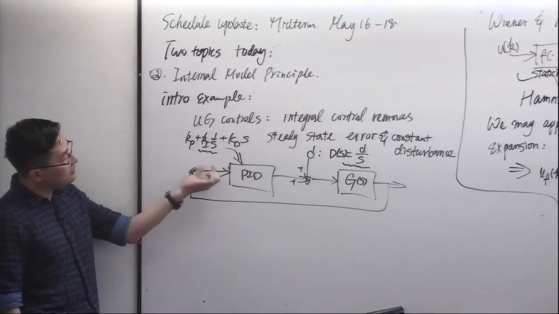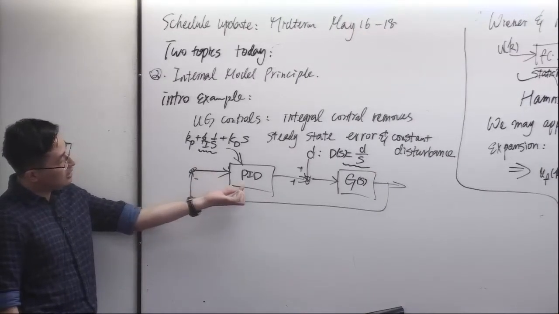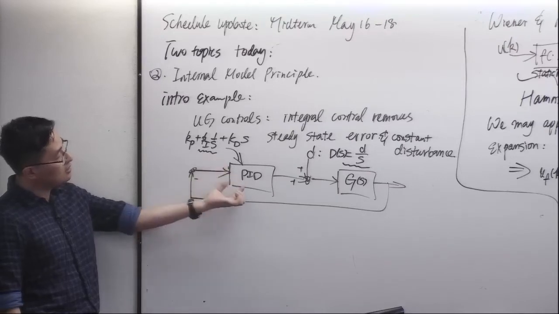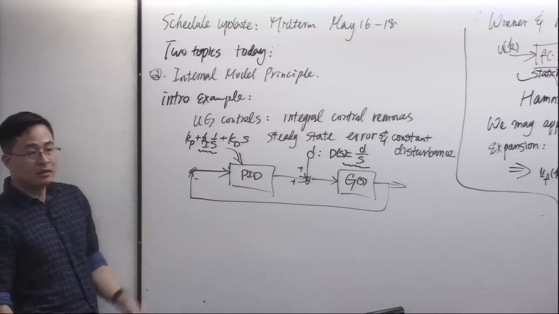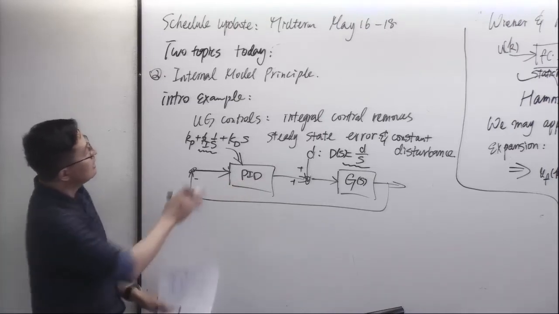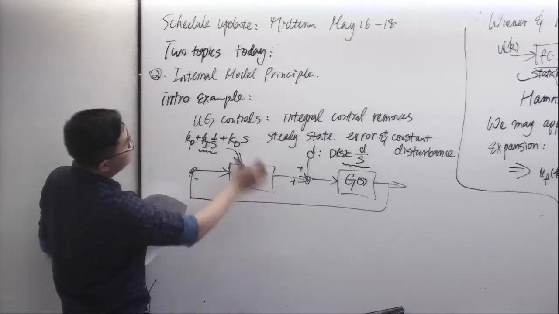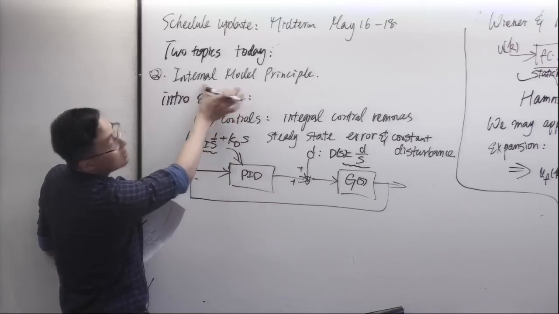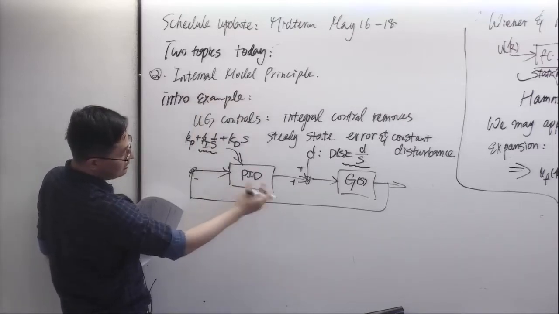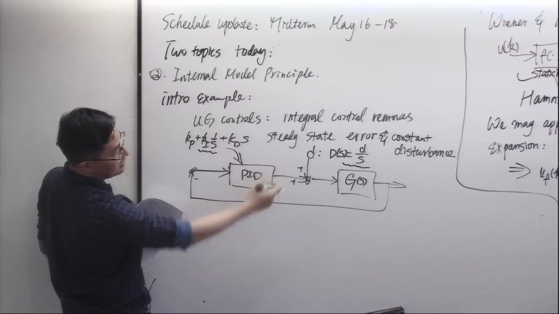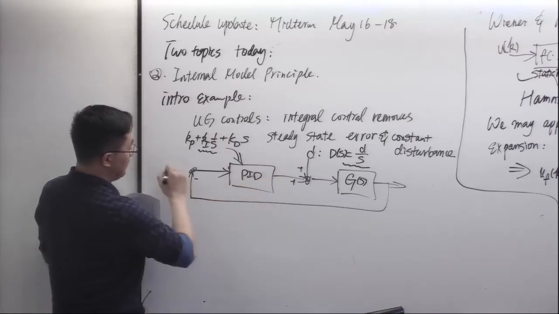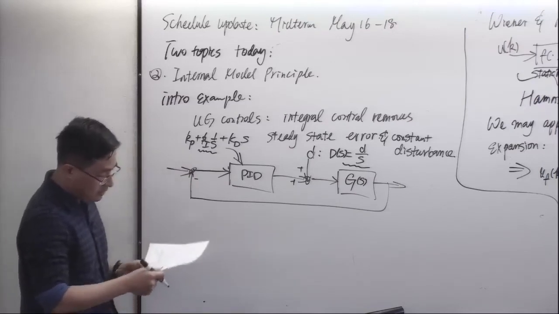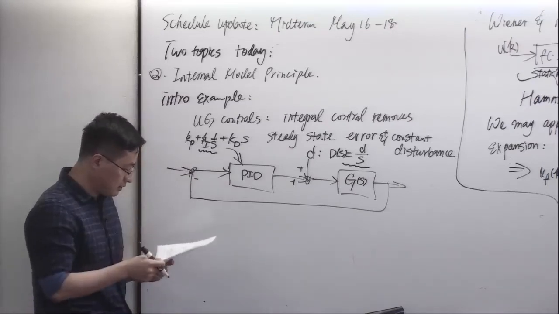It is as if you intentionally create a disturbance model inside your controller, and somehow it gets canceled in the end. So this gives some intuition of this internal model. Your controller has an internal copy of the disturbance dynamics in a way. That's the motivation here. Let's take a look at the details, though.